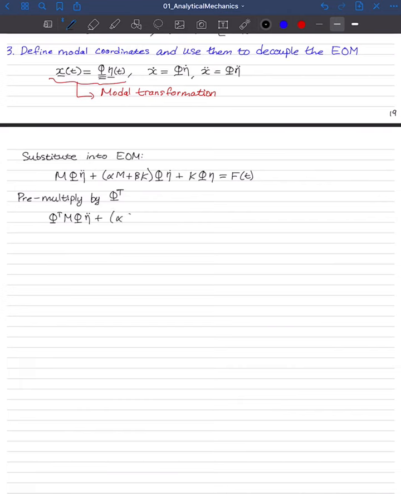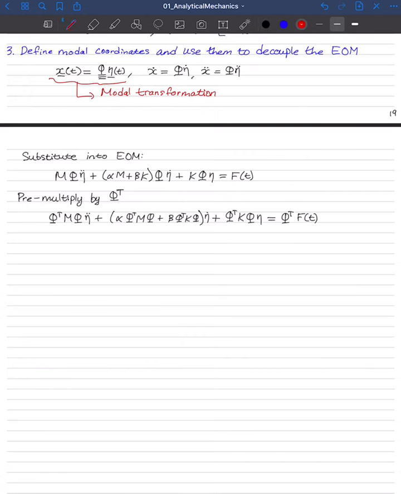We'll get alpha times phi transpose m times phi plus beta times phi transpose k times phi, all of that times eta dot plus phi transpose k times phi times eta is equal to phi transpose times f of t.